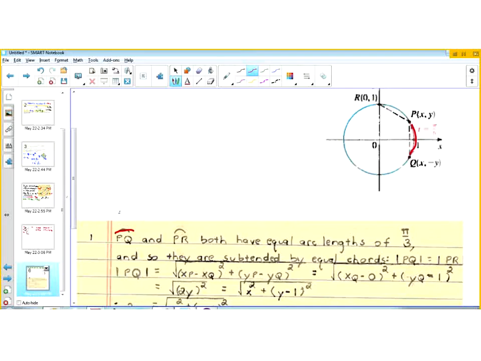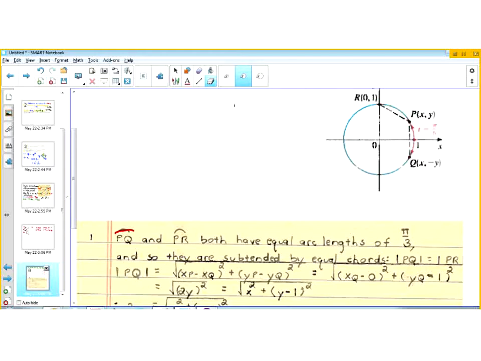And arc PR is written right there. They have equal arc lengths of pi over 3. So why is that the case? How do we know that they have equal arc lengths?